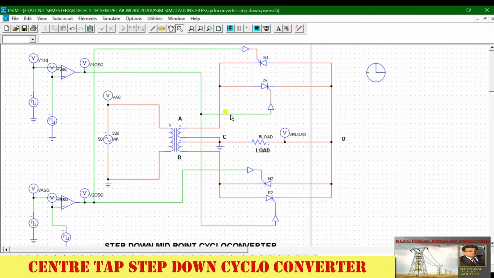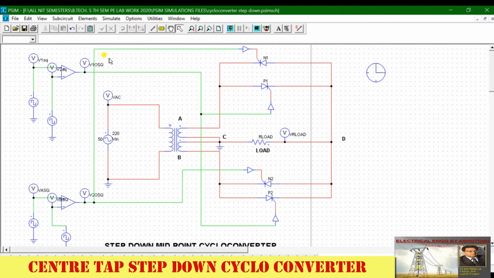Another on-off controller is connected at the gate of the P2 SCR, and both conduct simultaneously, triggered from the upper half.